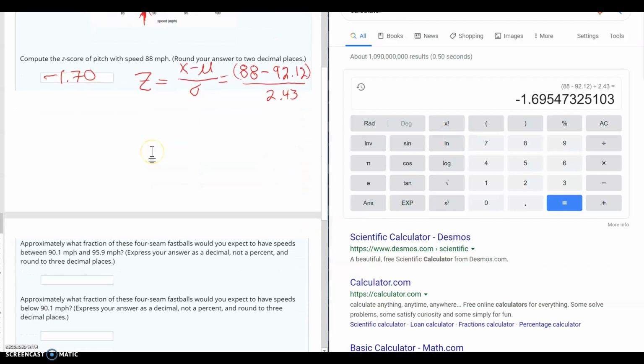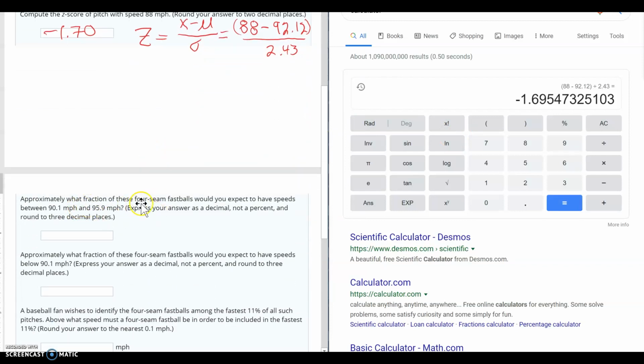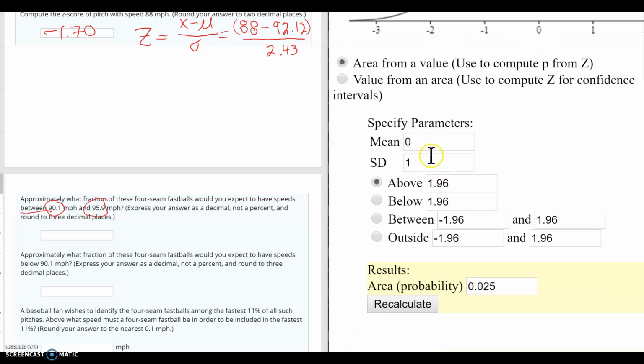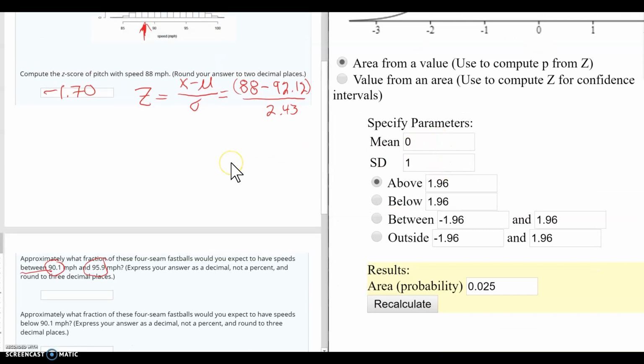The next part asks, approximately what fraction of these pitches, so fraction is like probability, would you expect between, so again, the key word here, between these two numbers. That's going to require my normal curve calculator, so let me bring that back up. I have to change the mean and standard deviation to what they are in the problem.